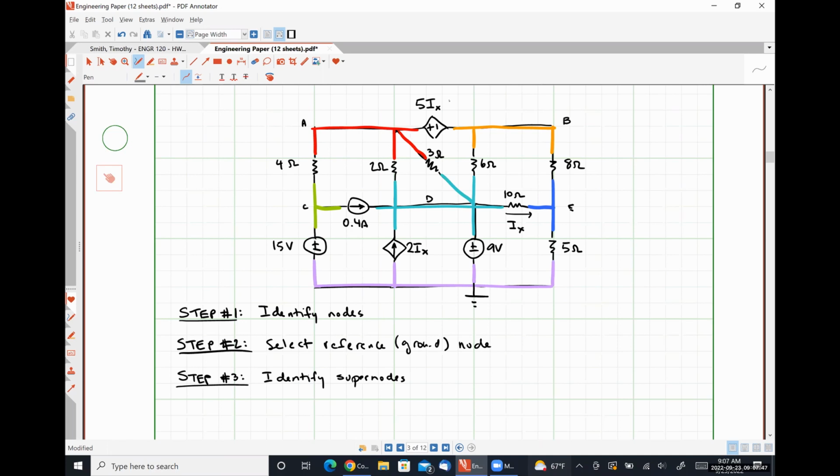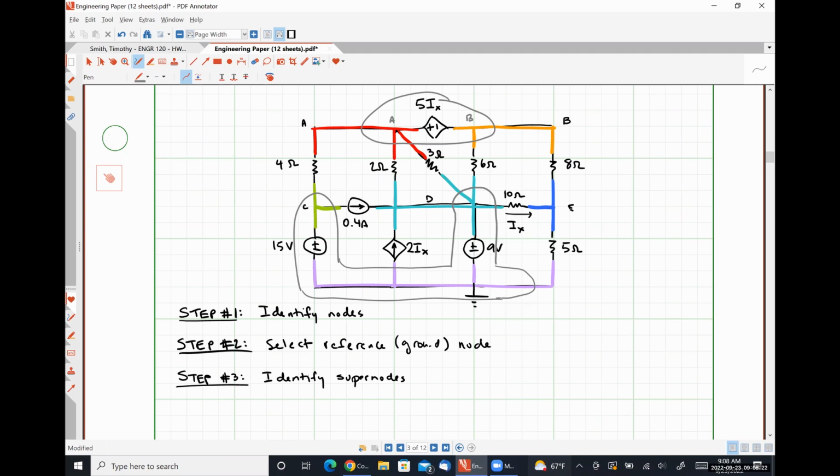So this is a supernode containing A and B. And this is a supernode containing C, D, and ground.